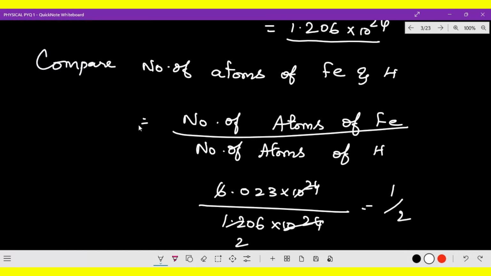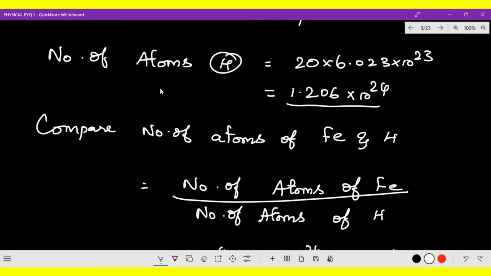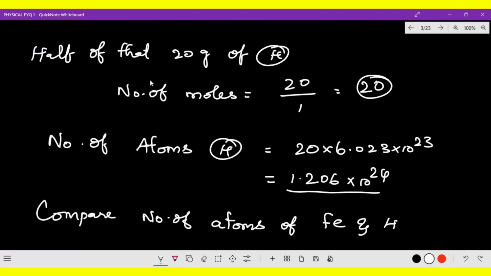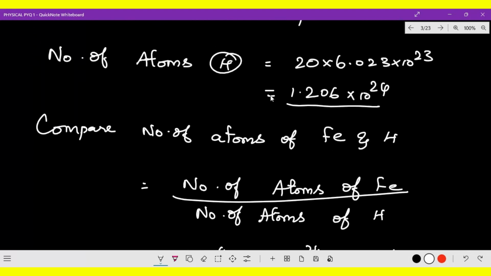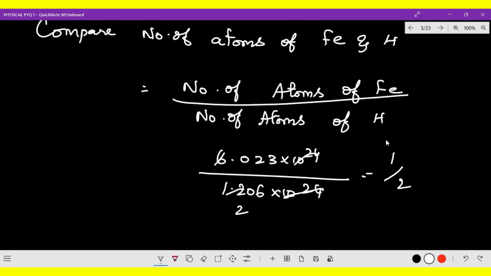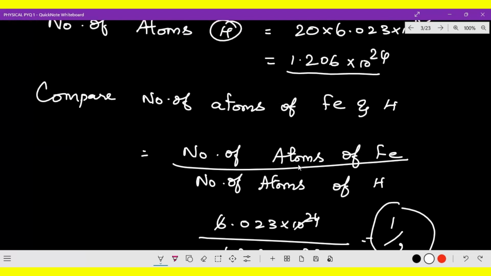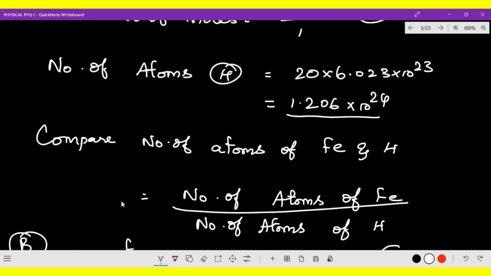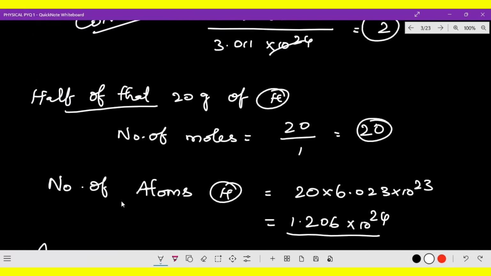So what is the question given? Half of that hydrogen atom, right? Half of that hydrogen atom of 20 grams. So that means here only half we are receiving. Yes, that means this is also correct. So both answers are correct. Now, which is the correct option? B also is correct. A also is a correct option.